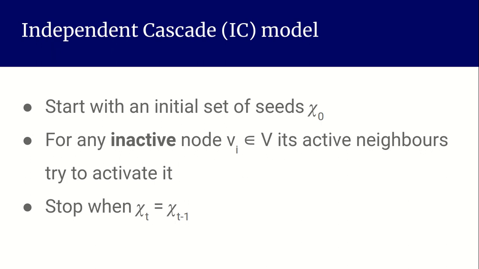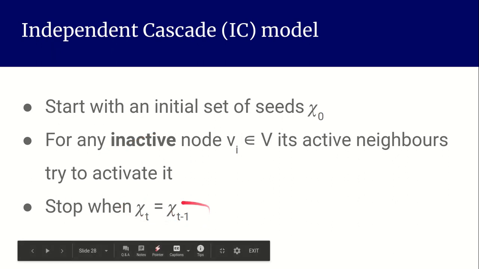Here, the IC model starts with a set of initially active nodes, k sub 0. For any inactive node v sub i, each of its neighbors tries to activate it. I'm going to explain the activation criteria in the following slides. The convergence criterion is similar to that of the tipping model: the currently active node set is equal to the previous active node set.